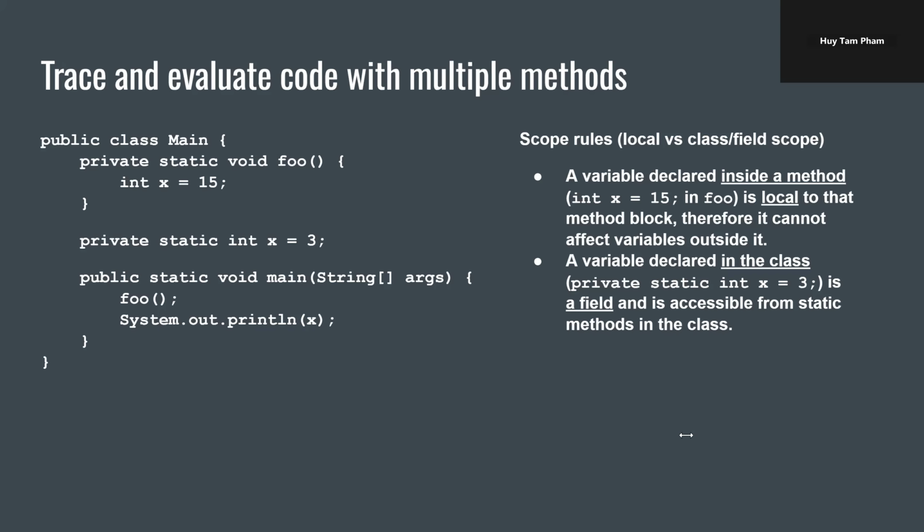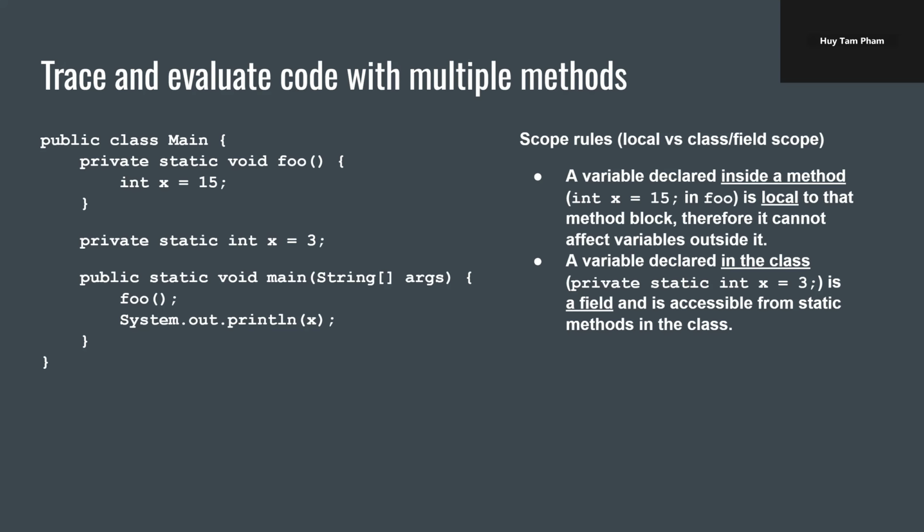Therefore, it cannot affect variables outside of it, which means if there is x = 15 inside foo, after foo has ended, it cannot be accessed outside of the foo method.